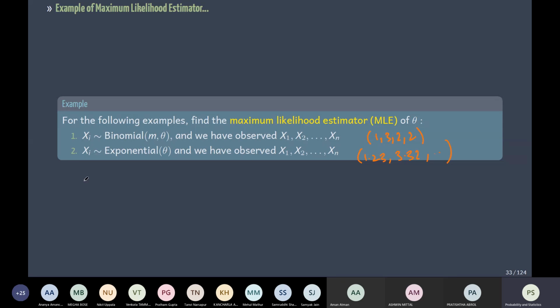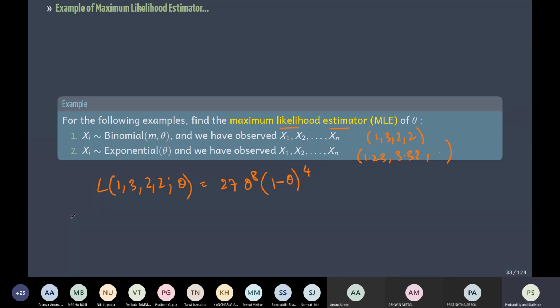So we have this observation here. Previously we found the likelihood, and now we have to find the maximum likelihood. What we have found so far is L(1, 3, 2, 2; theta) equals 27 theta to the 8 times (1 minus theta) to the 4. This is what we computed before for this particular observation.